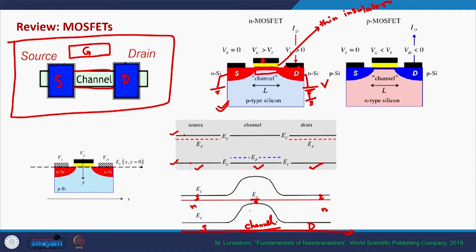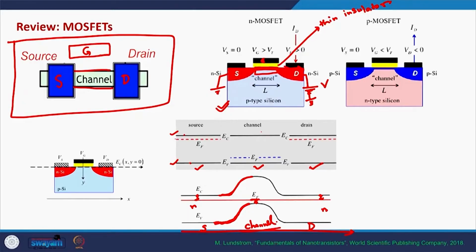But because of the junction between the source and the channel, we will have a barrier from the source side to the channel side, both in the conduction band minima and in the valence band maxima. This is pretty much similar to the band diagram of a p-n junction.